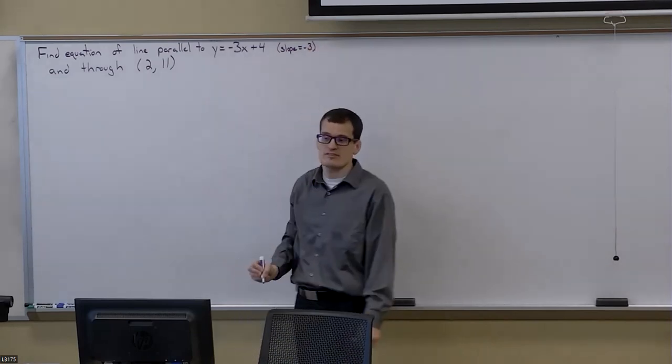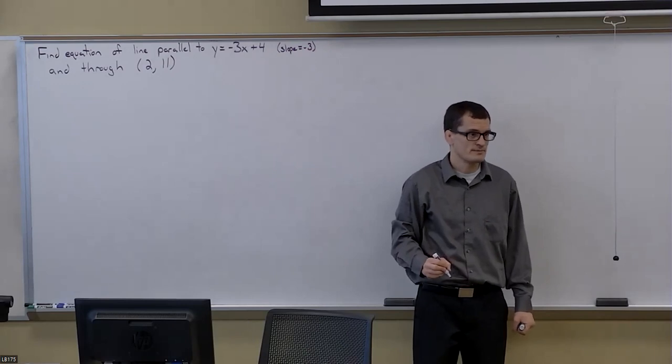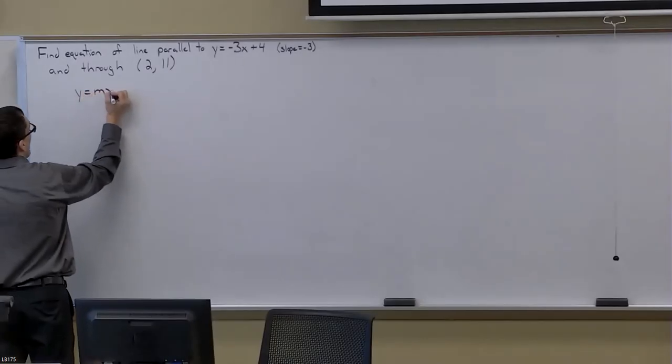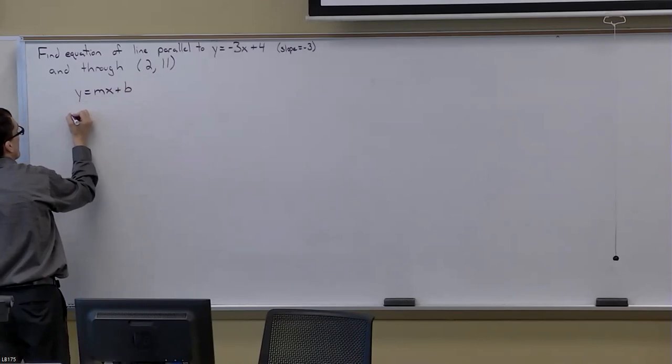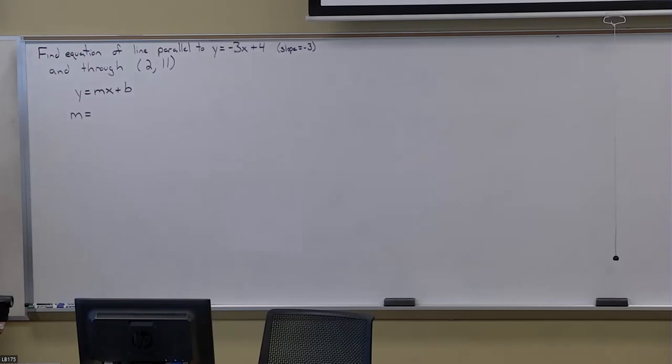I'm given a line whose slope is 3. So when I want to find a parallel line, what does my slope need to be? 3, exactly.